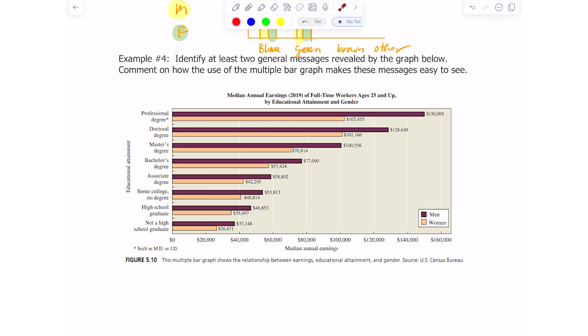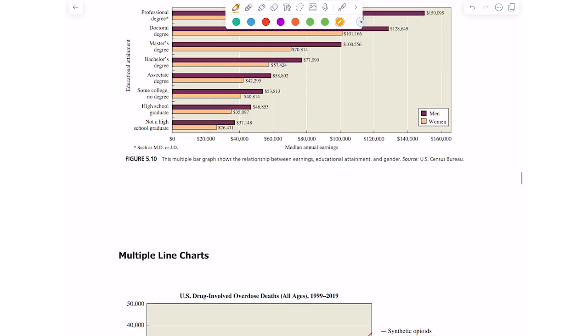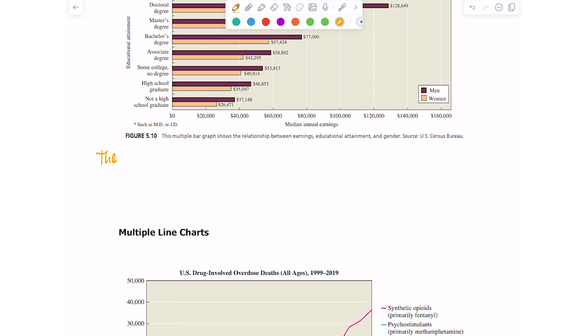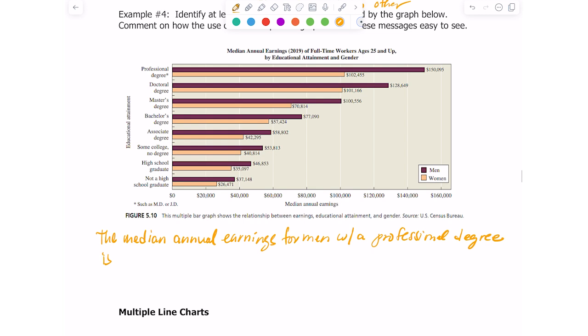So something we could say here is like the median annual earnings for men with a professional degree is approximately $150,095, compared to women, it was $102,455.